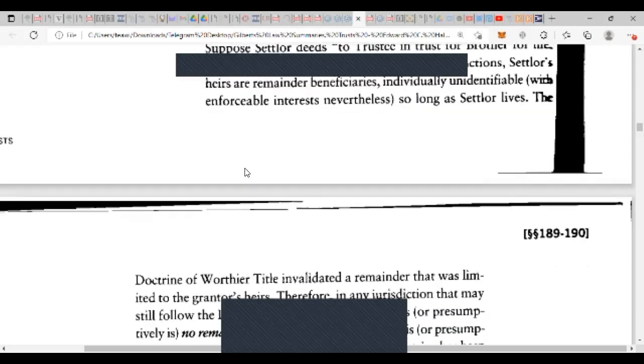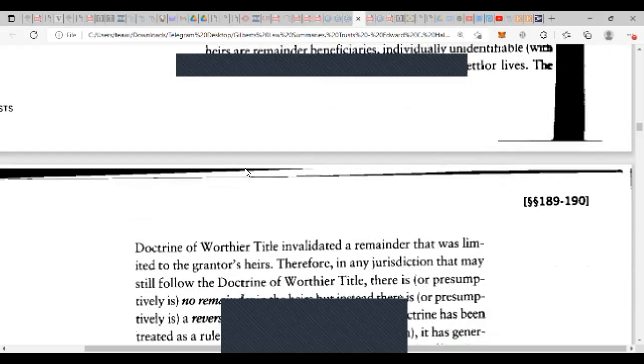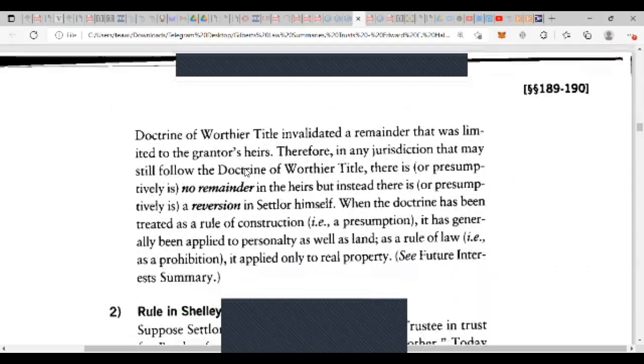So long as settlor lives, the doctrine of worthier title invalidated a remainder that was limited to the grantor's heirs. Therefore, in any jurisdiction that may still follow the doctrine of worthier title, there is or presumptively is no remainder in the heirs, but instead there is or presumptively is a reversion in settlor himself.